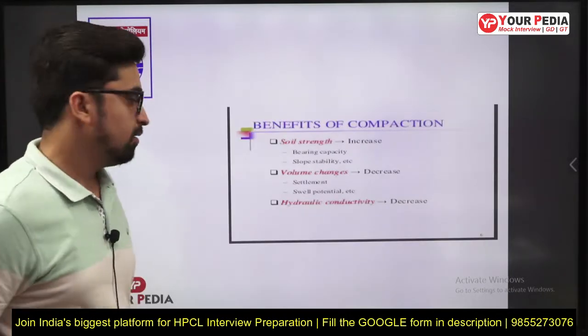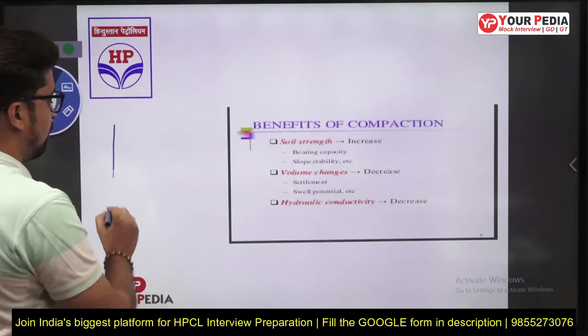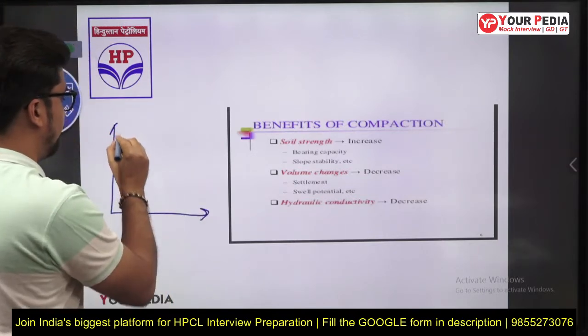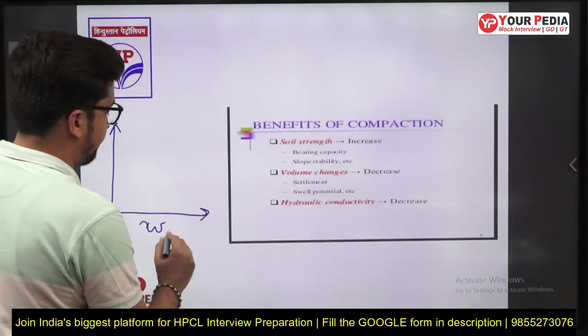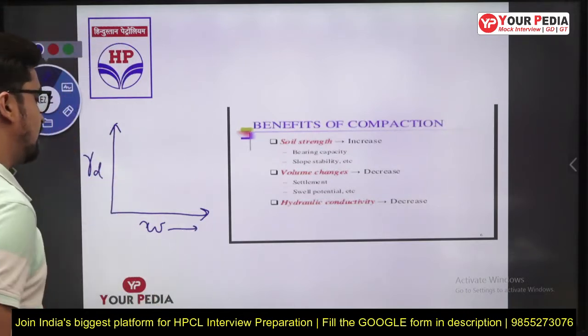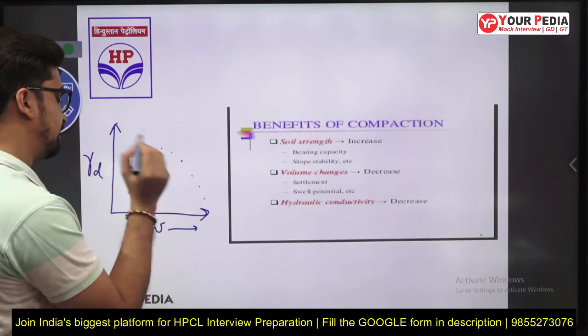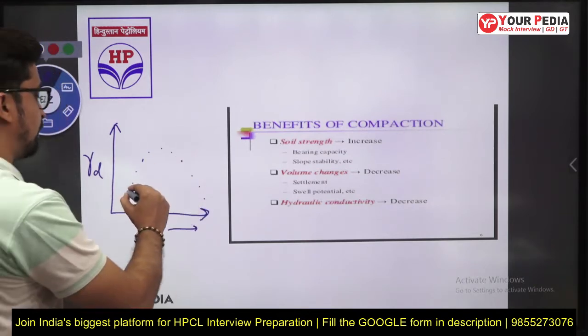Thereafter we prepare a chart in which the x-axis has water content and the y-axis has dry density, and we plot different values obtained in the test, and we connect those values.